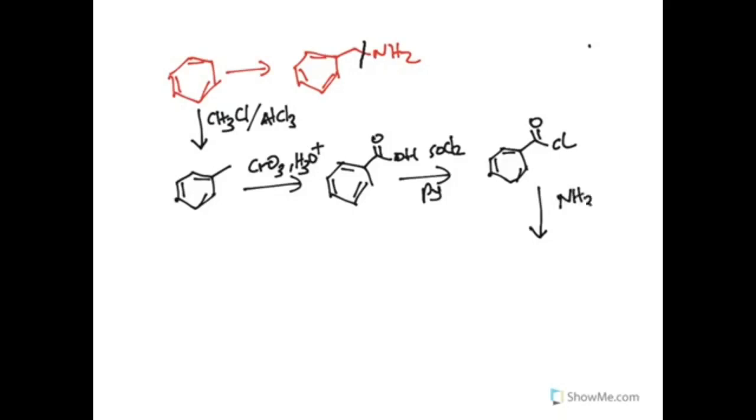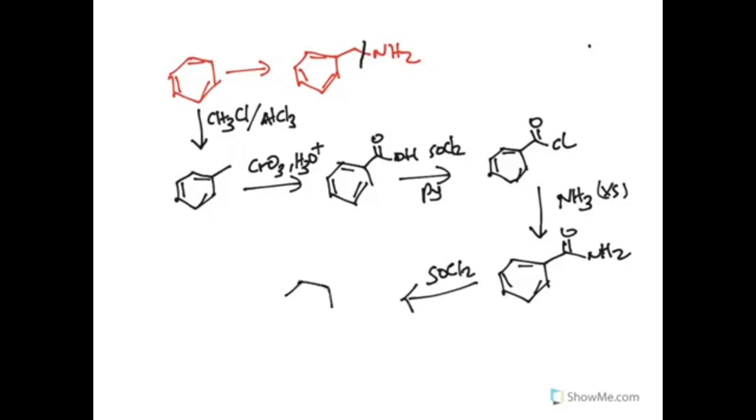which can undergo amination to form primary amide. And with primary amide, we can also be able to transform them into a nitrile.